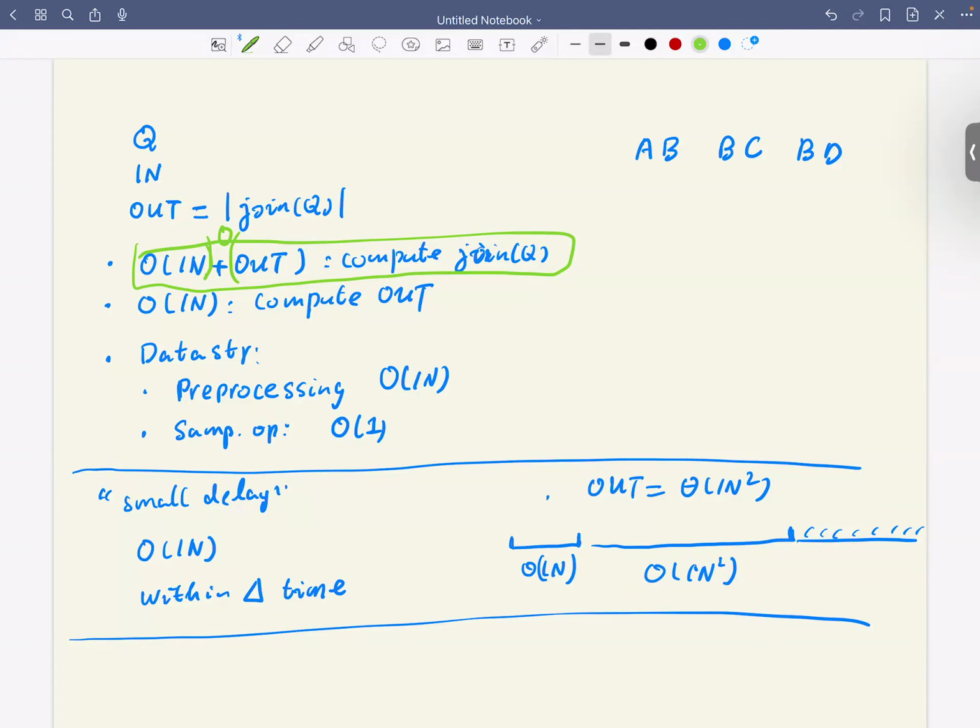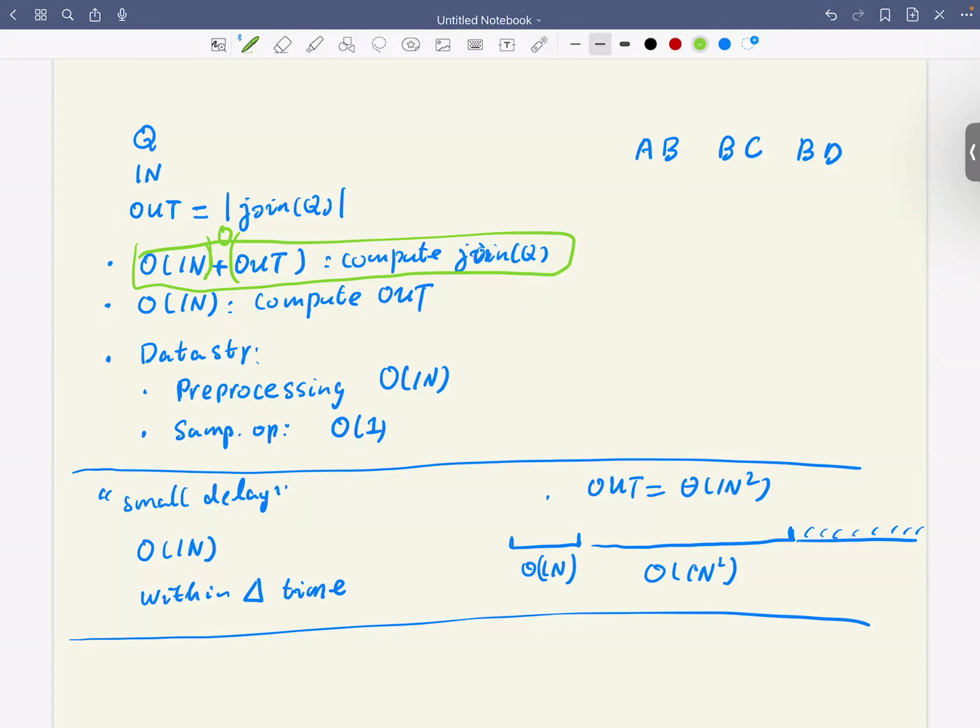If you think about Yannakakis, the first step of the algorithm is to produce a fully reduced version of the join. So what you do, if you still remember, is root the join tree, and then you do bottom up, and then you do top down. That goes into the first term. And after this, you will be able to start producing the join result in constant time. You will be producing the result in out time. So there's no more in in the second phase.